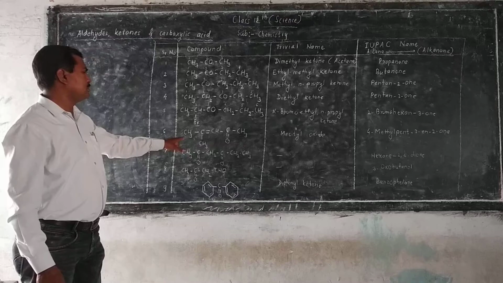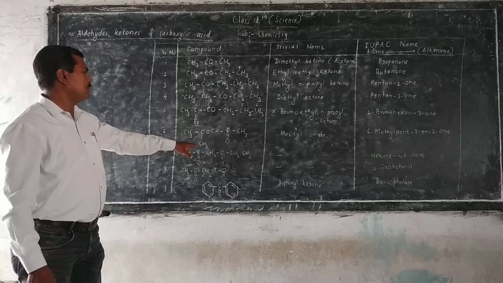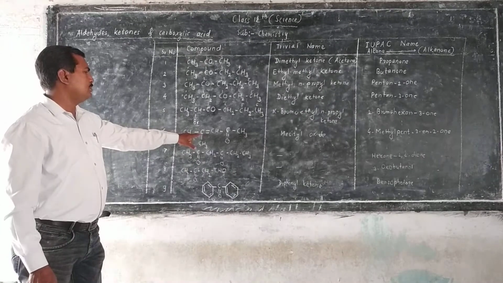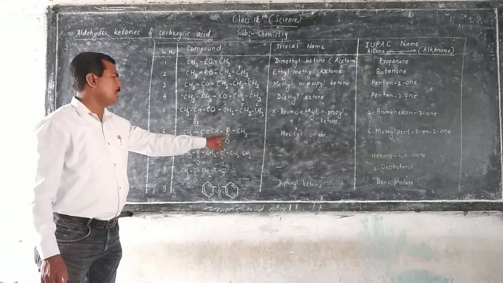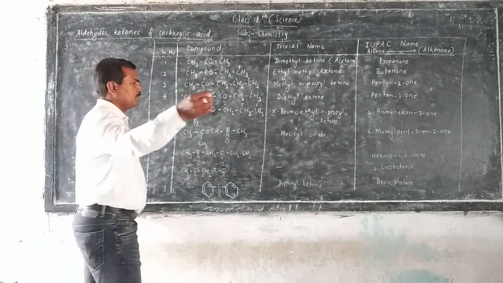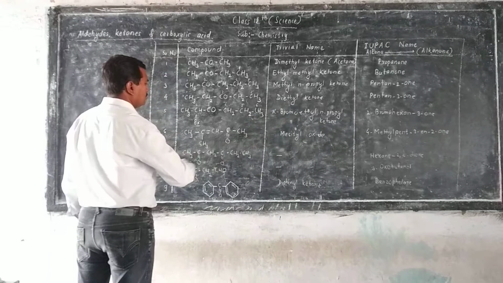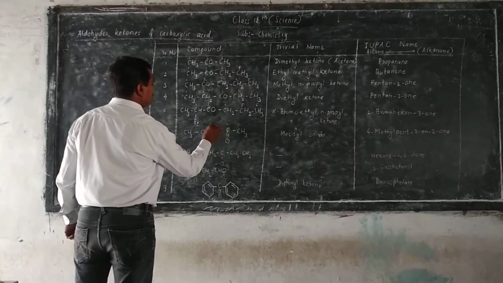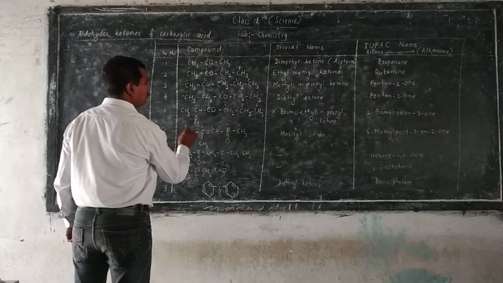Then the sixth structure: here a methyl group is present at the second carbon. Numbering from right to left, 1, 2, 3, 4, 5.